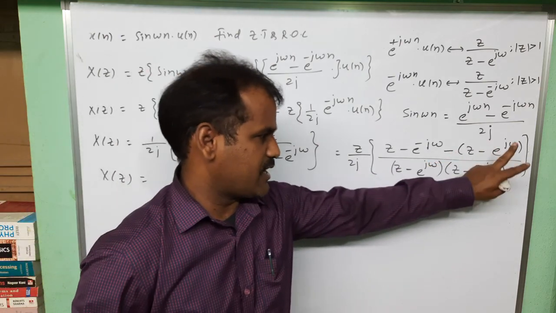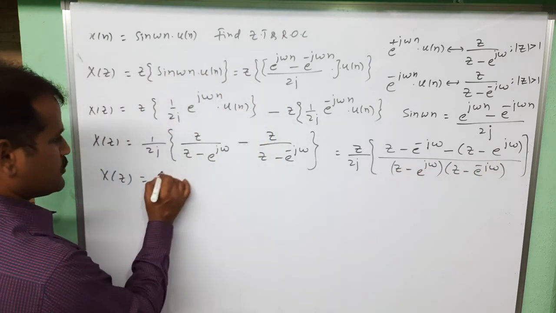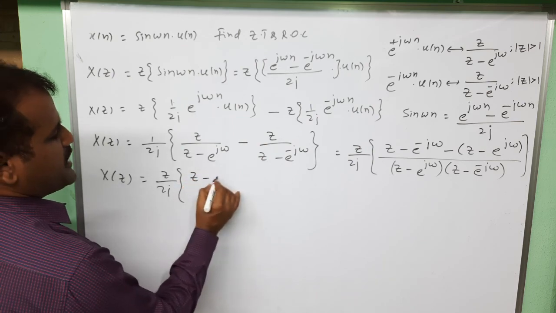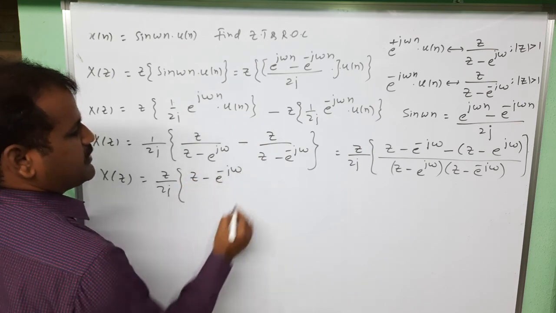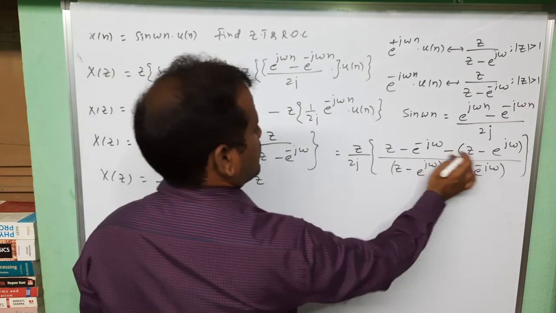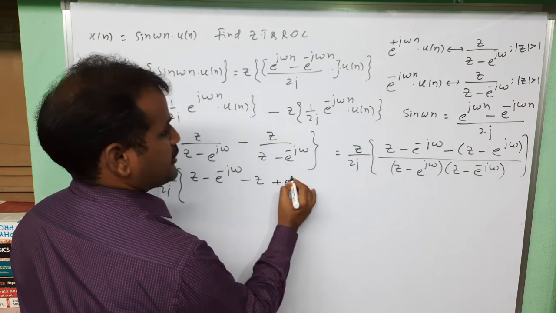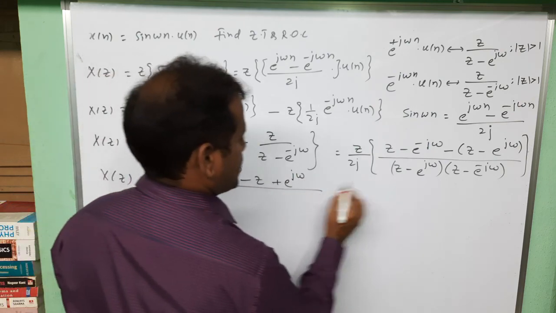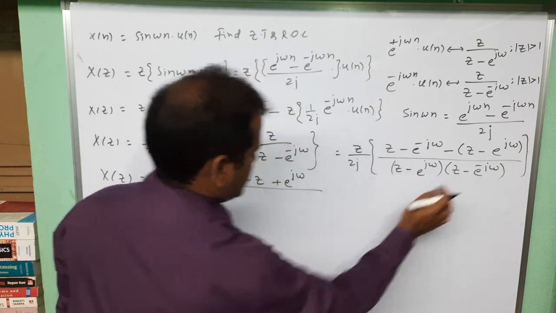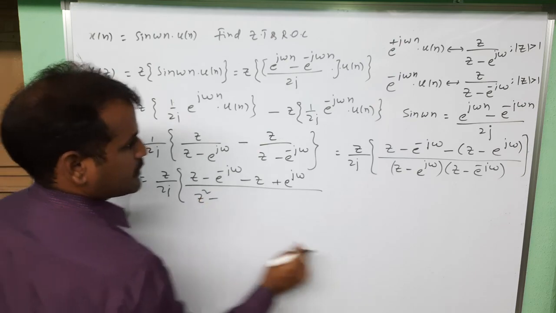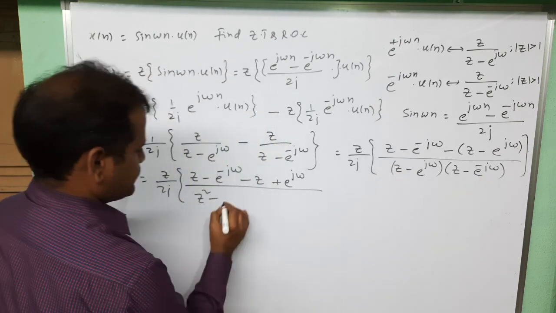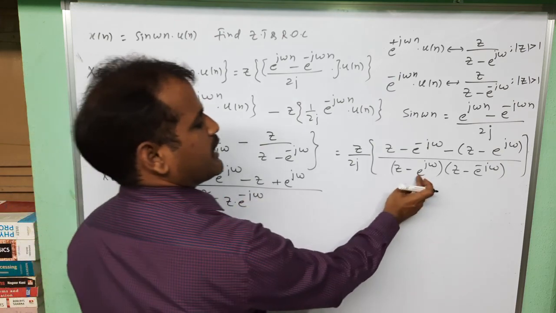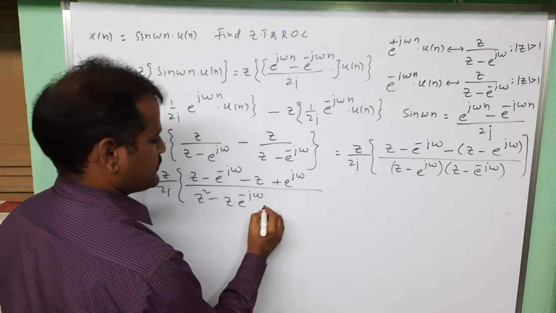Observe minus z we can multiply inside. So that z by 2j, z minus e to the power of minus j omega, minus z and minus minus plus e to the power of plus j omega, and in the denominator z into z, z square, and z into this one, that is minus z into e to the power of minus j omega, and e to the power of plus j omega multiplied by z.